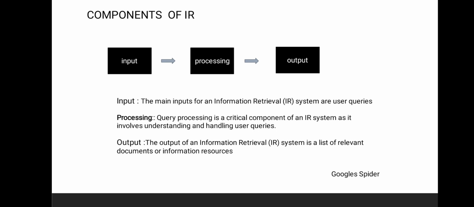After that, in processing, various algorithms work to retrieve the specific, useful information the user requires from our storage in limited time, like the Google search engine, which also helps us retrieve specific information. After processing, we get the actual output which the user requires.